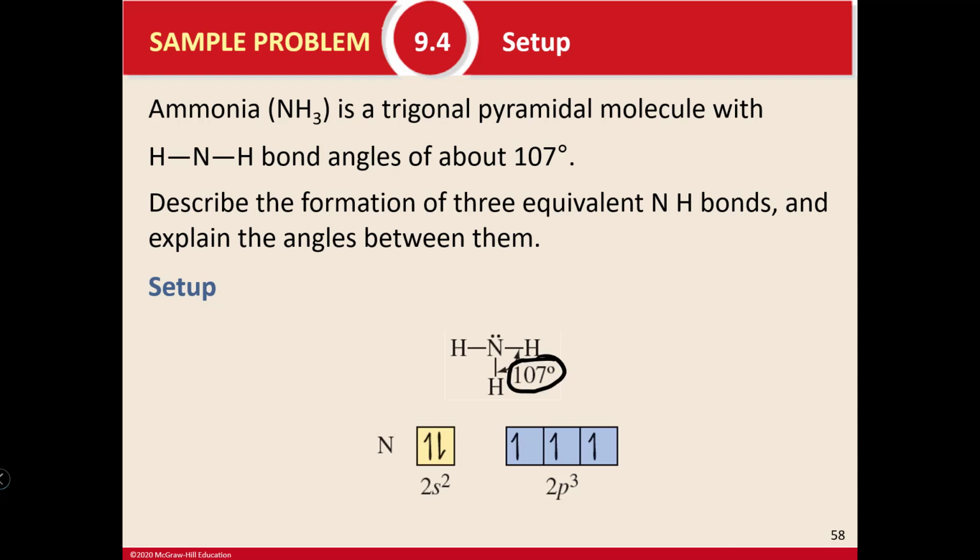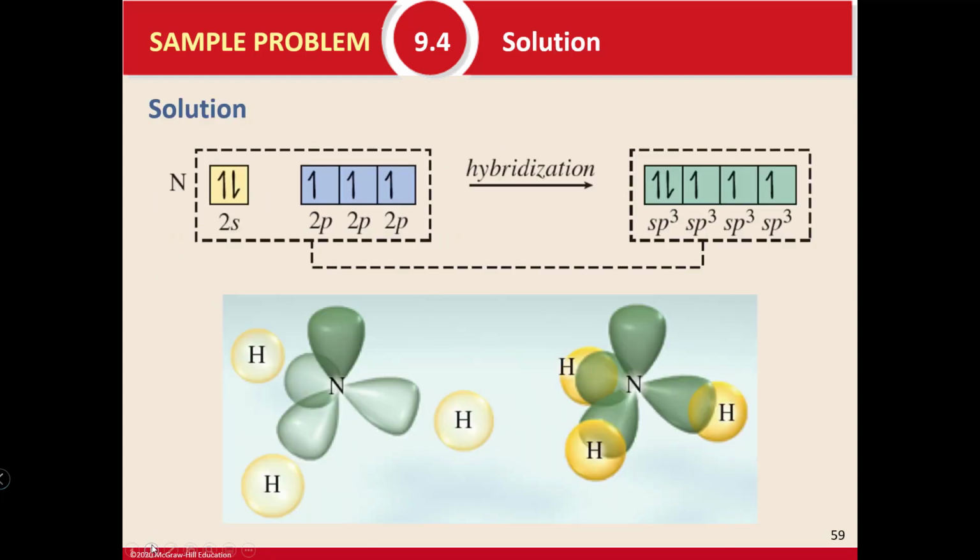All right. So that tells us that we're dealing with a hybridization. And we get something like that. So we get sp3, where the lone pair is in one of those hybridized orbitals. So hydrogens bond here and the lone pair is up in here somewhere.